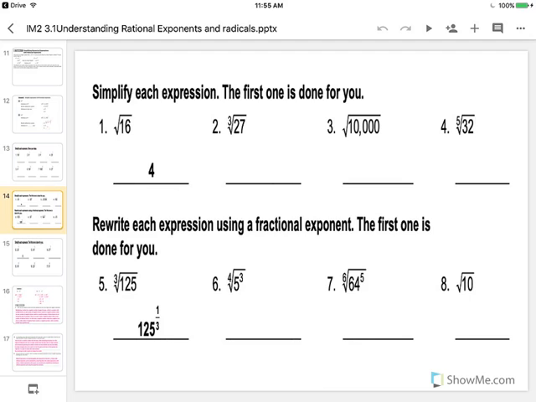Okay, so here are some more examples. The first one is done for you, so work on number 2, 3, and 4.